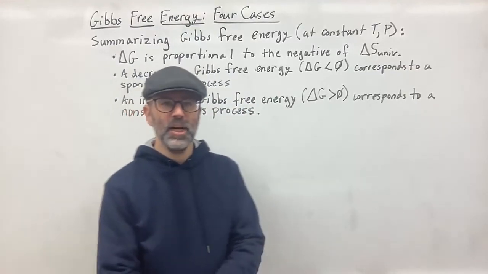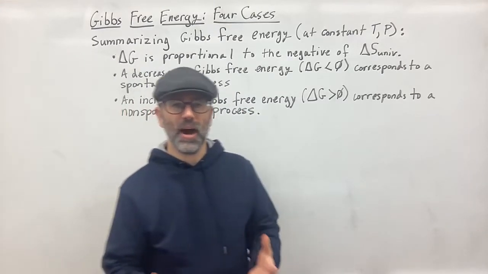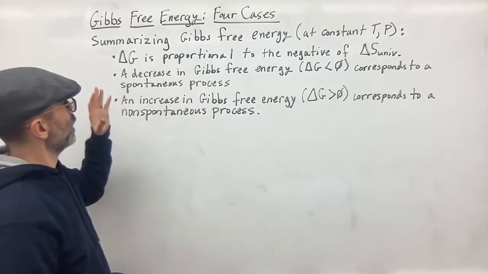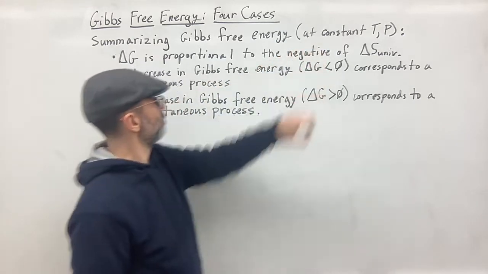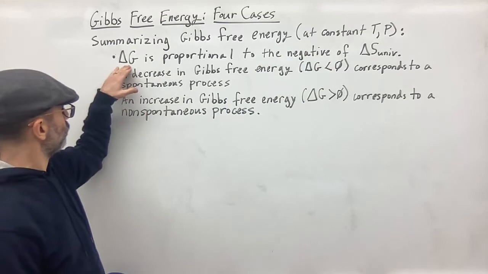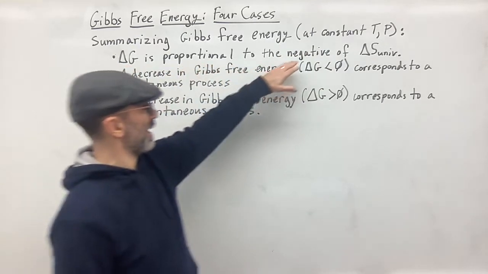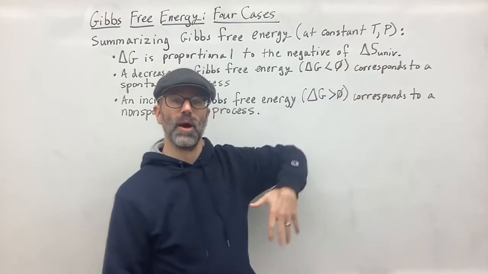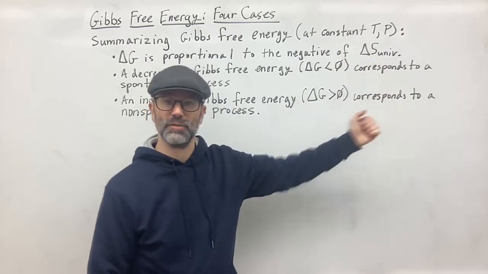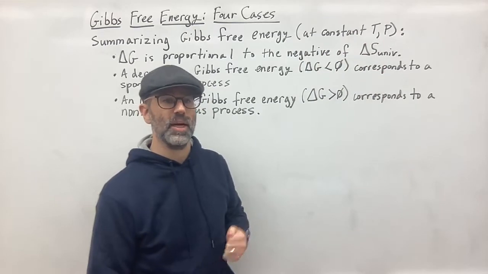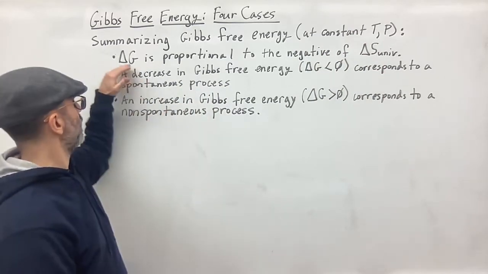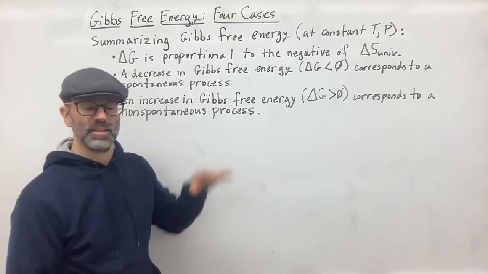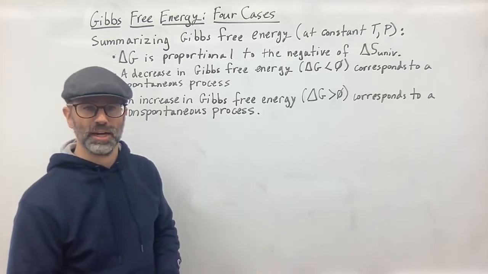All right, welcome back. So to summarize where we are, with regard to Gibbs free energy at constant temperature and pressure, we saw that delta G is proportional to the negative of the delta S of the universe, the entropy of the universe. So we want entropy of the universe to increase for a spontaneous process, which means that we want a decrease in the Gibbs free energy.